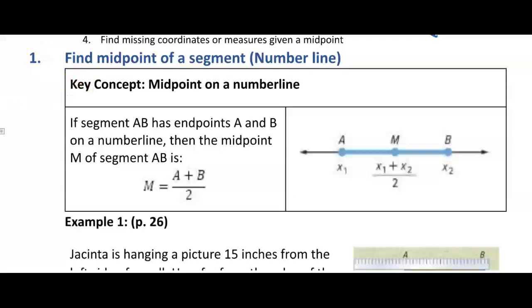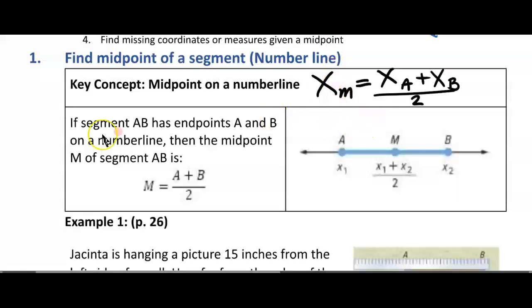Our new enhanced version of this formula, if you'd write this in: our x-coordinate of a midpoint is equal to the x-coordinate of our A point, our first point, plus the x-coordinate of our second point, divided by 2. We're just going to take the two values and divide by 2. It's that simple for one-point midpoints.